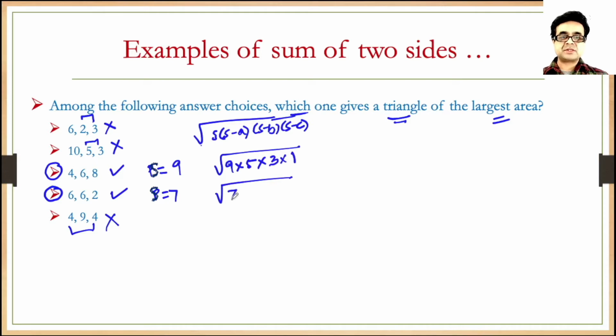Similarly, this looks like 7 multiplied by 7 minus 6, which is 1, multiplied by 7 minus 6, which is 1, multiplied by 7 minus 2, which is 5. As you can obviously see without any more calculation, this area will be larger than this area. So the answer to this question would be choice number C.